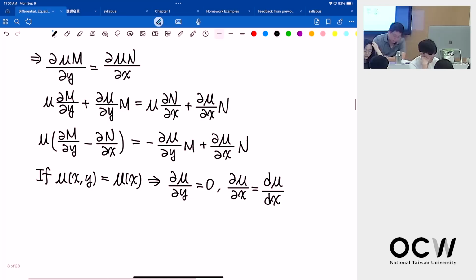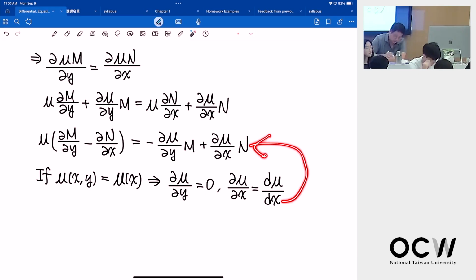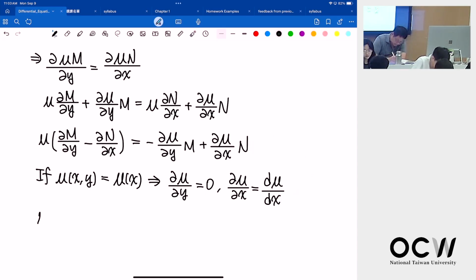Bring this back to here. So the left hand side is still the same, mu times partial M over partial y minus partial N over partial x.